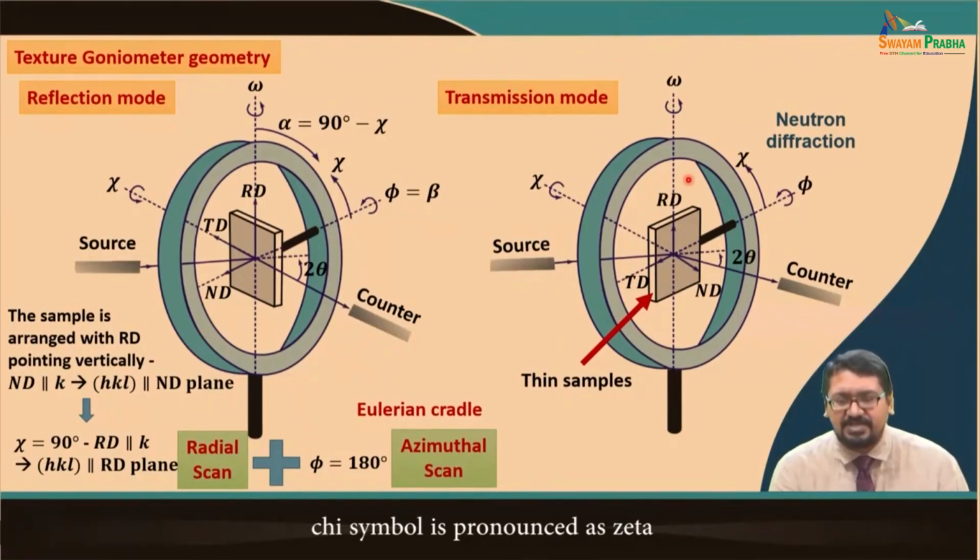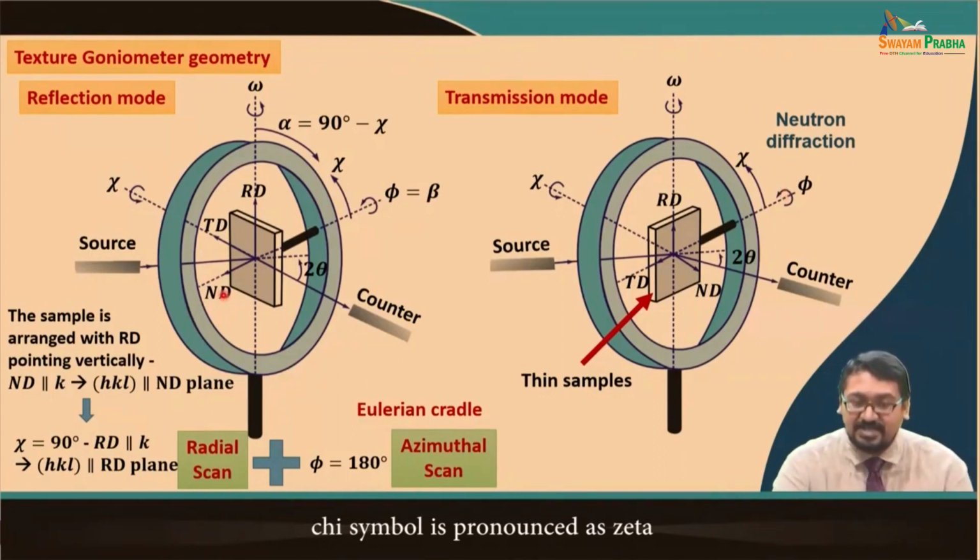In case of the transmission geometry, the sample is kept, you see, like this, and now you see that even though RD is kept vertical and along which omega is the rotation, so as to fix the 2 theta, and then by rotating the omega we fix the 2 theta for a particular HKL plane, and then omega is brought to 0 and it is kept fixed. The rotation of the phi is done along, you see, TD.